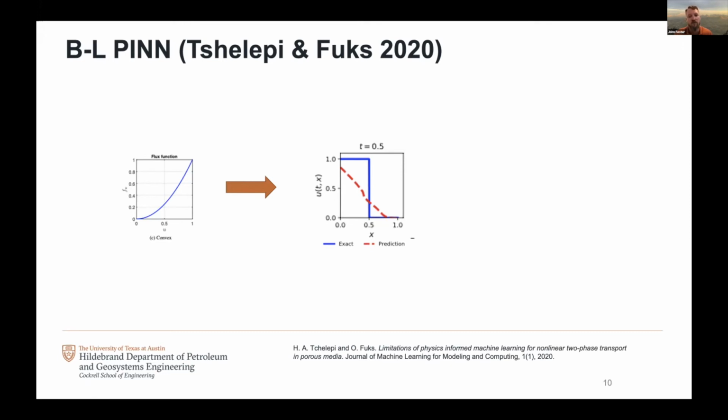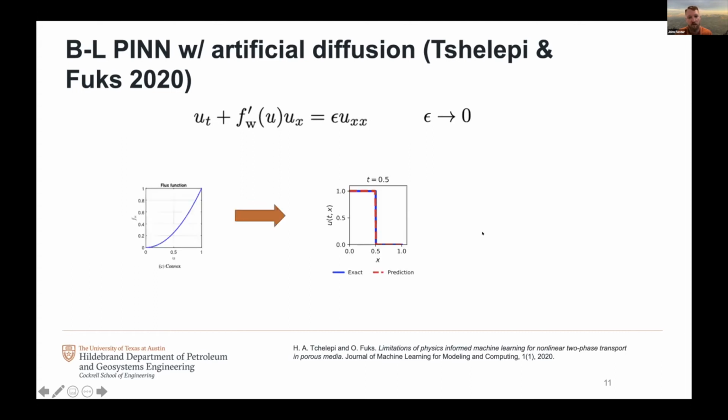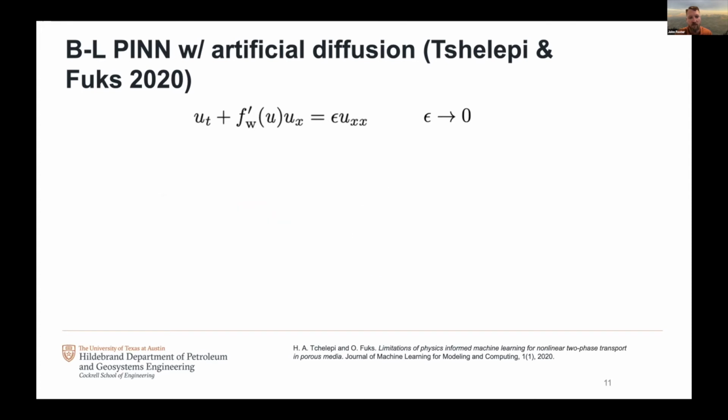So the way they chose to solve this was by adding an artificial diffusion term to the balance law and including that in the objective function. What they showed is that as this epsilon approaches 0, this approaches the standard Buckley-Leverett balance law. But with this little bit of artificial diffusion, they could get some nice predictions, and they showed it also for the convex case.